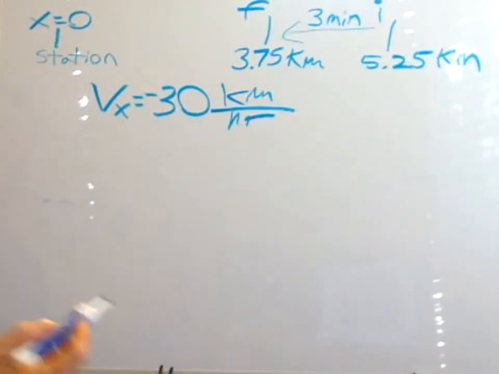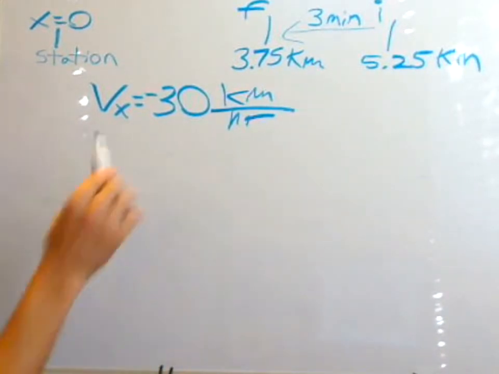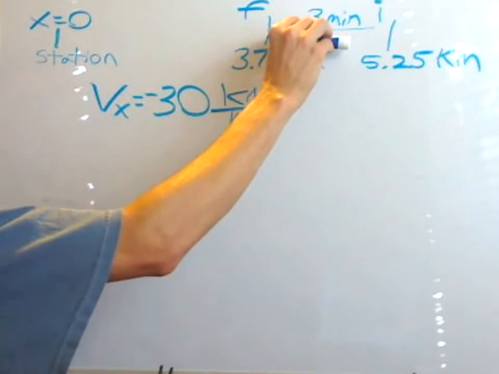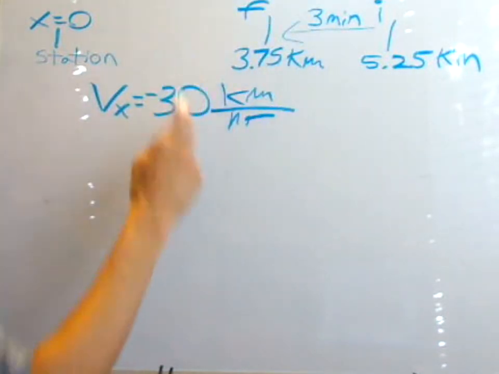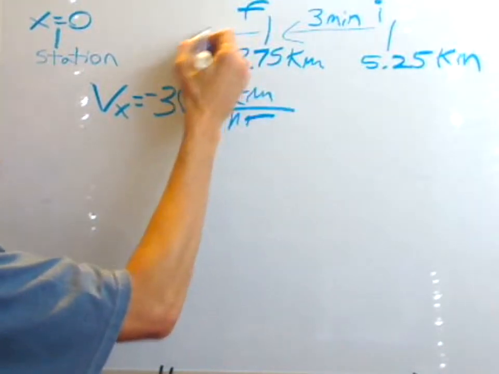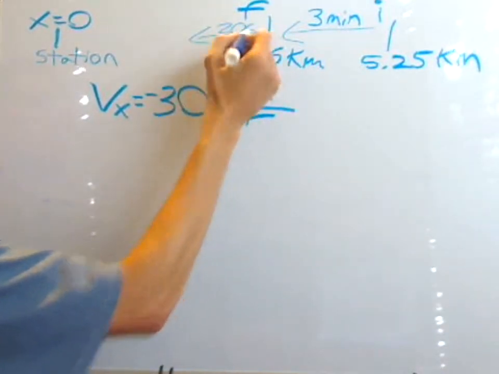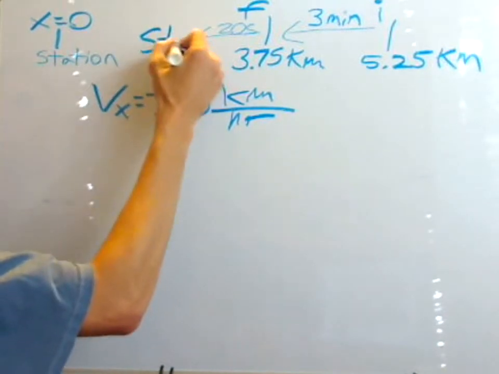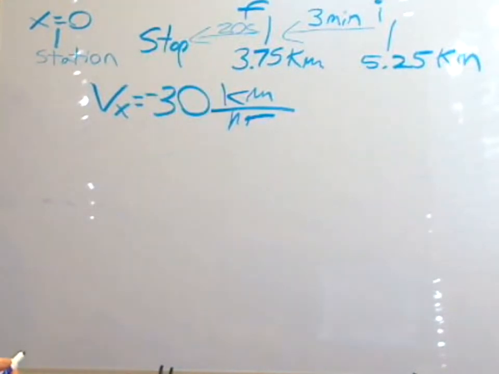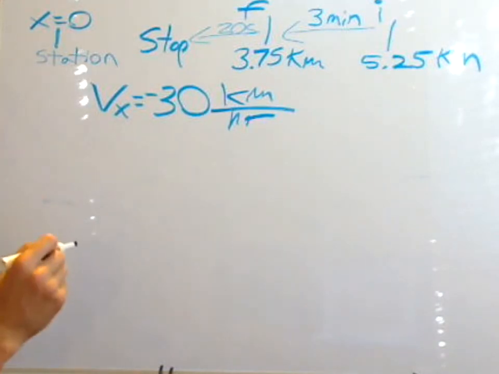So what we're told in the last part of this problem is the train slows from this speed to a stop in 20 seconds. So in 20 seconds, this train comes to a stop. What we need to do now is figure out what the acceleration is.